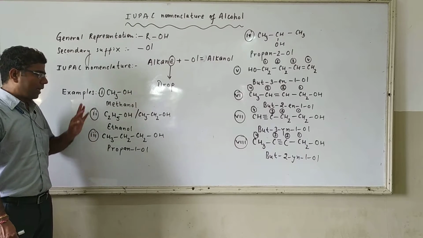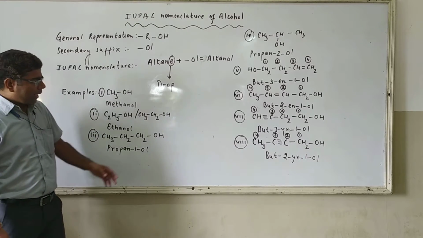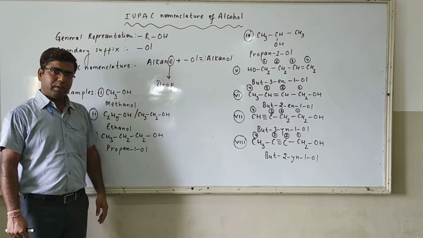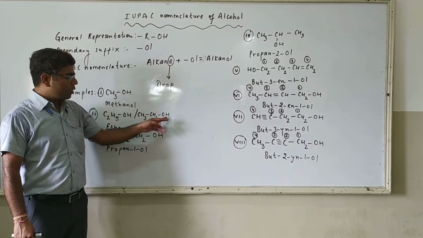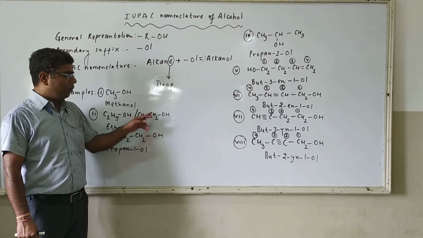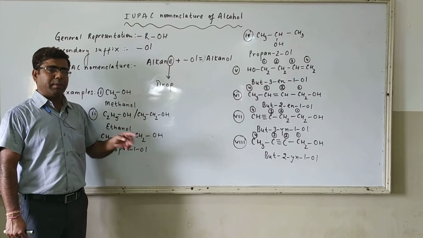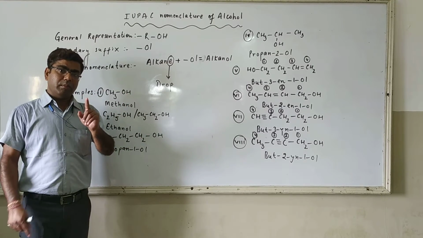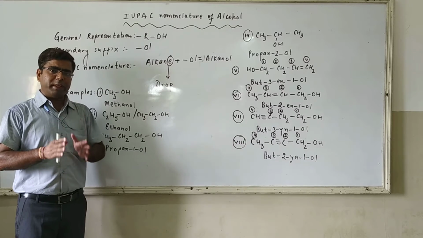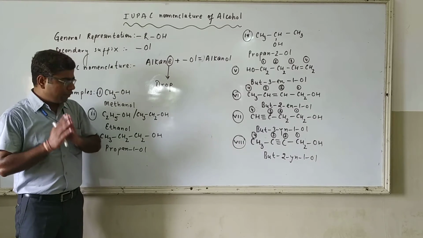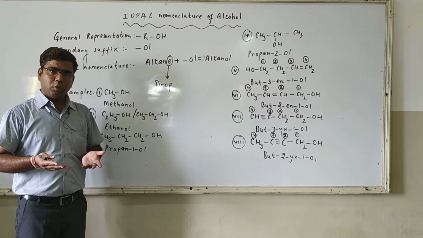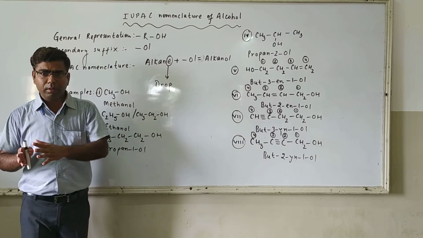Now in case number 2, I can place the OH group on this carbon. If I place the OH group on this carbon atom, then this carbon atom will be treated as carbon number 1, because according to the IUPAC rule, we have to give the lowest number to the OH group or to the functional group.